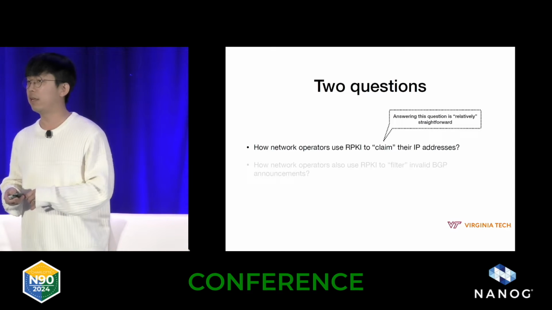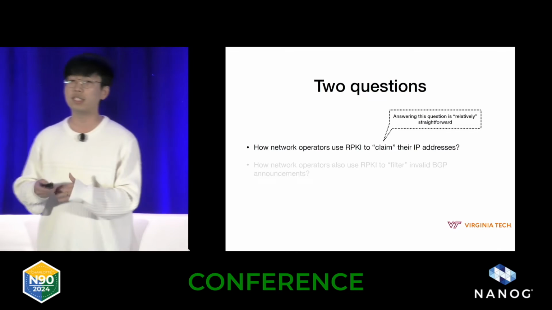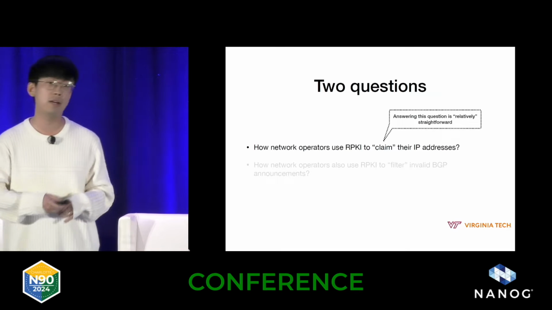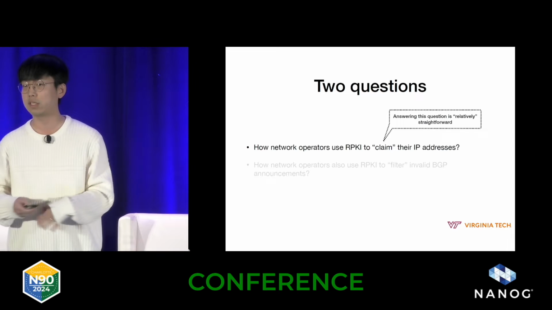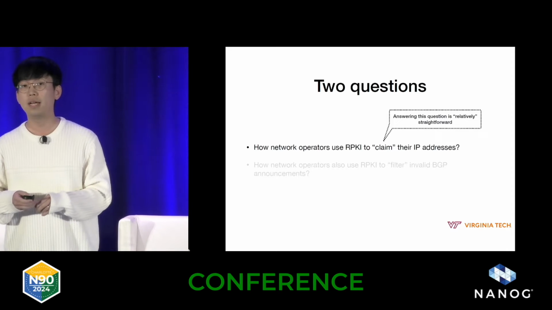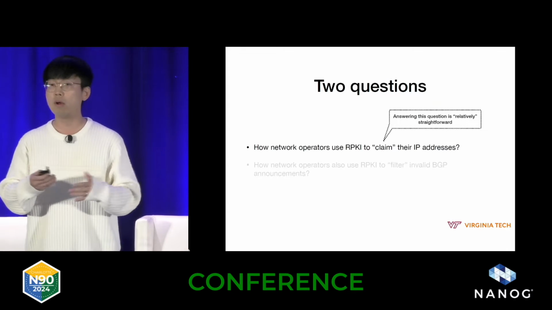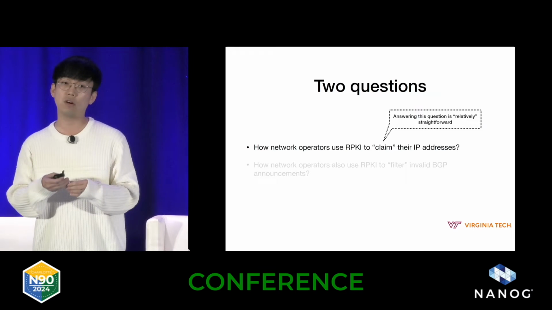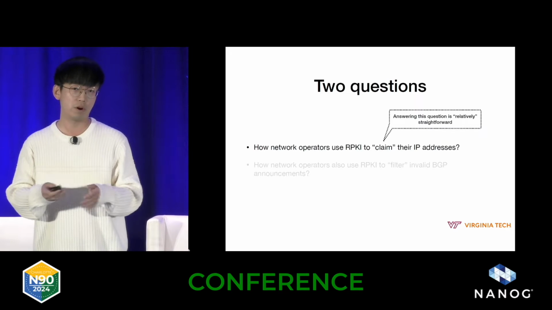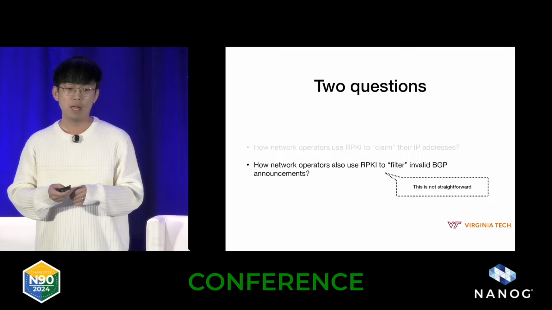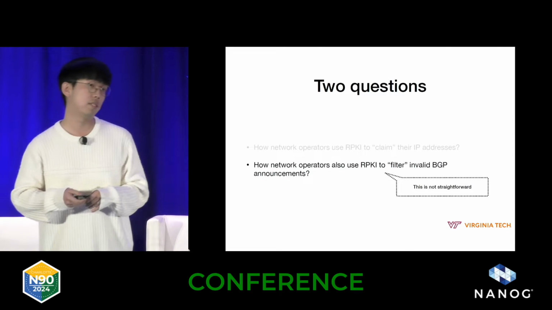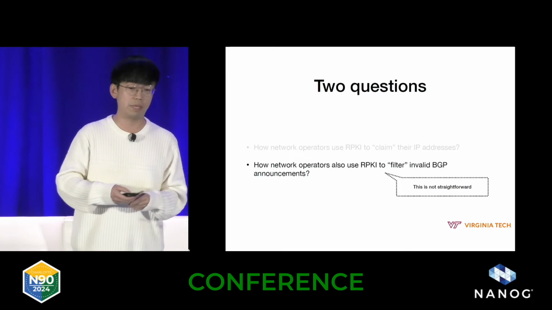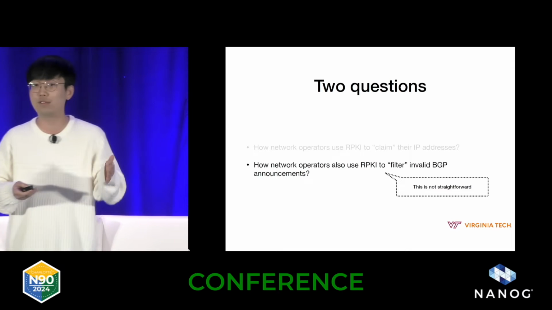Understanding the first question is relatively simple. As I mentioned before, you can just download all ROA objects from each of the registries and estimate that this percentage of IP space is verifiable with RPKI. However, the other question is really hard to answer because we do not have access to each router.